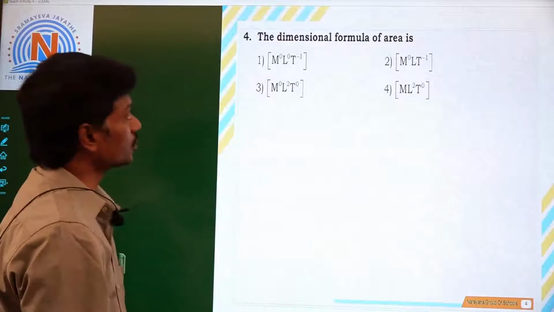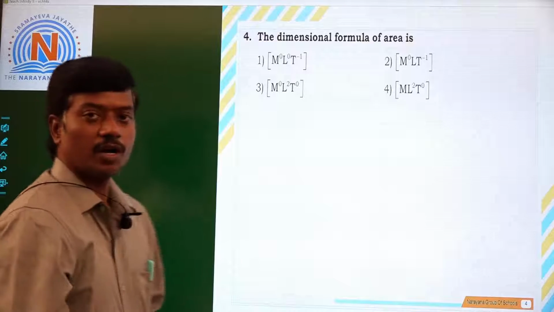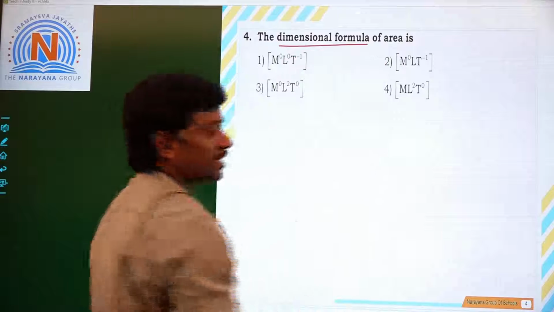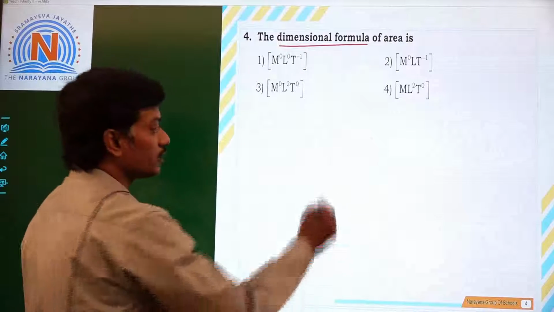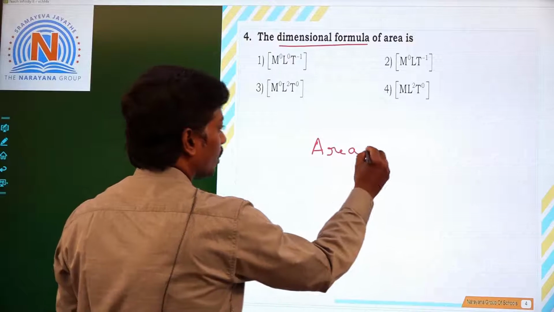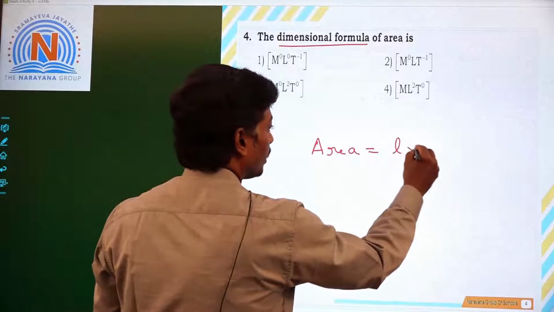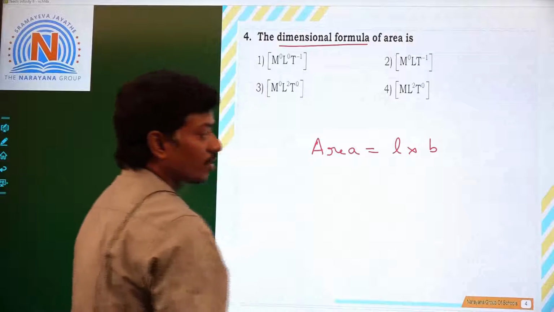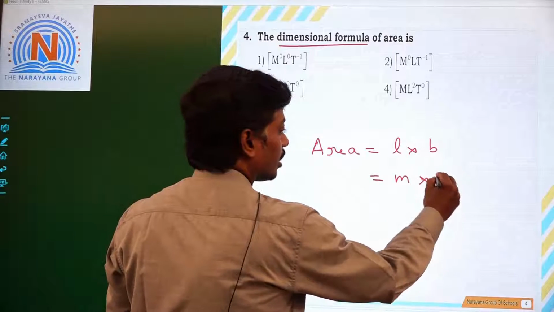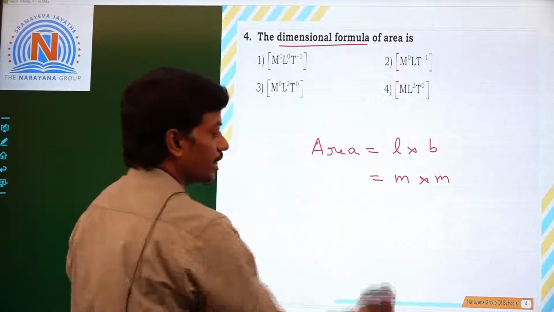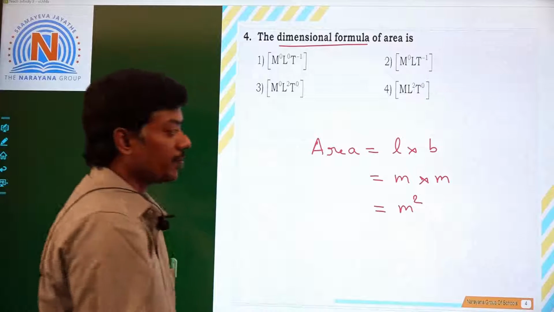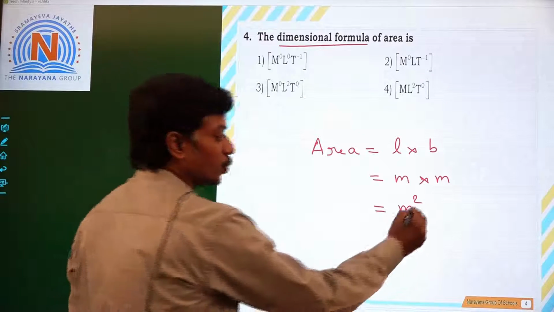If we see the fourth question, the dimensional formula of area. Here we need to identify the dimensional formula. As we know, area is equal to length into breadth. Length has unit meter and breadth also has unit meter. So meter into meter is meter square, so the power of meter is 2.